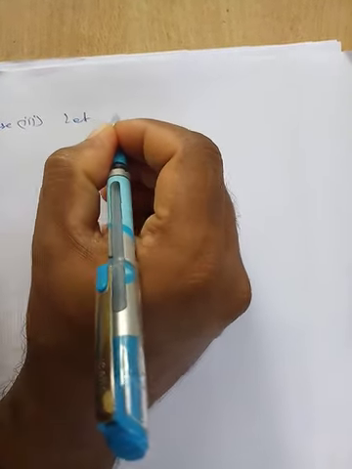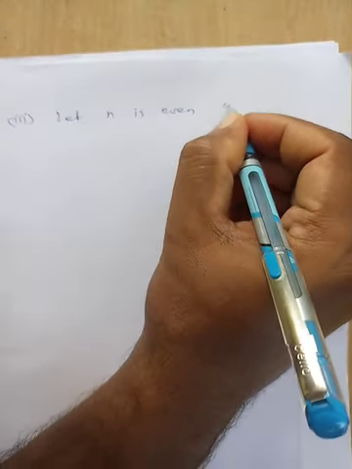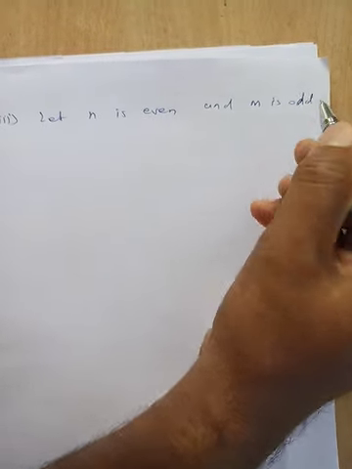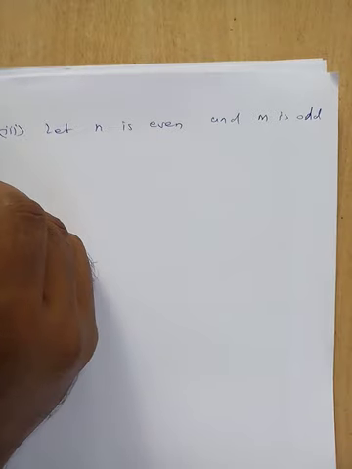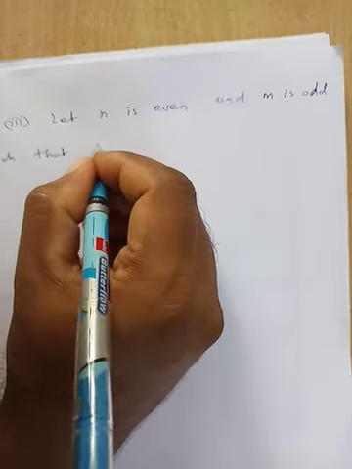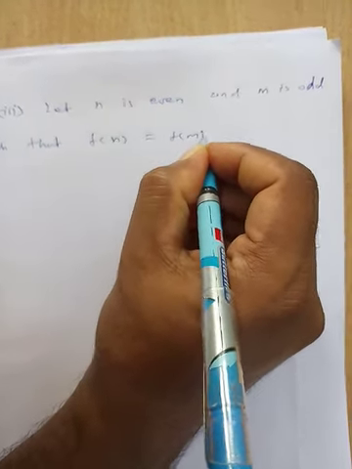Case 3. Let n be even and m be odd, such that f of n is not equal to f of m.